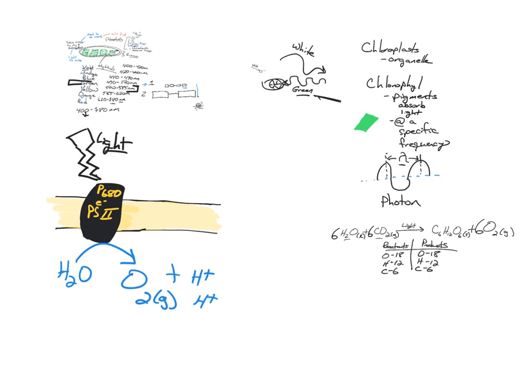All right, we'll talk more about this tomorrow. You have this protein complex called P680. It's part of a system of proteins that we call photosystem 2. Photosystem 2 is the first light. Now, this is the first step of photosynthesis. Number 1, photosystem 2 is going to take in the first photon of light, that first wavelength.